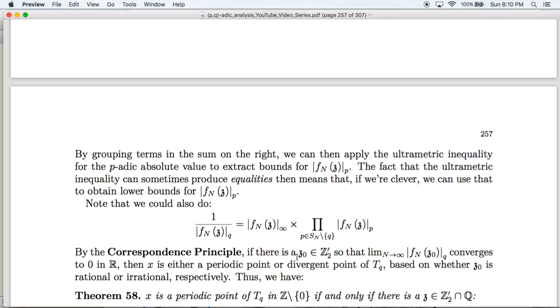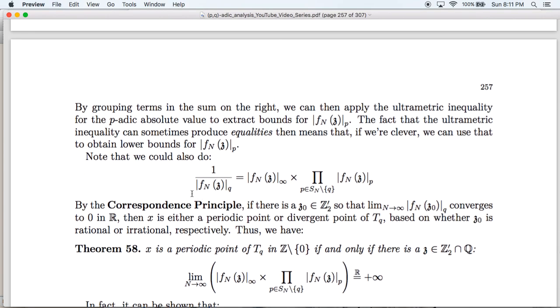The correspondence principle tells us that if there is a z0 in Z2 prime, which is the set of all 2-adic integers which are not non-negative integers, such that this q-adic absolute value tends to 0 in R as n goes to infinity, then x is either a periodic point or a divergent point of TQ, based on whether z0 is rational or irrational, respectively. So in particular, if z0 is a rational number such that this quantity goes to 0, then this thing is going to have to go to infinity because the denominator shrinks.